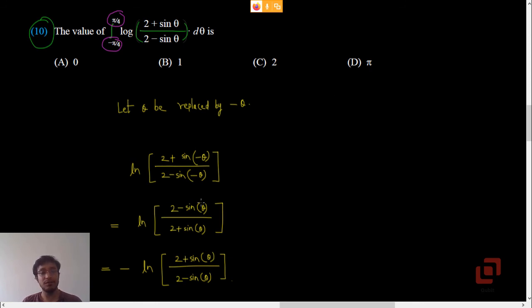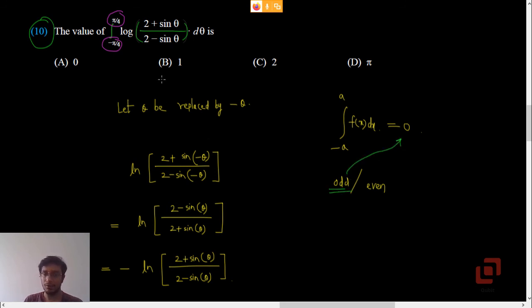Now the presence of the limits minus a and a is an indicator that you should check for the property of the integrand, the function to be integrated. Which property? Whether it is an odd function or an even function, because we know that if it is odd, then the value of the integral is 0. So let us investigate whether it is odd.